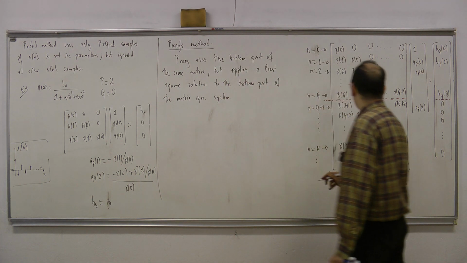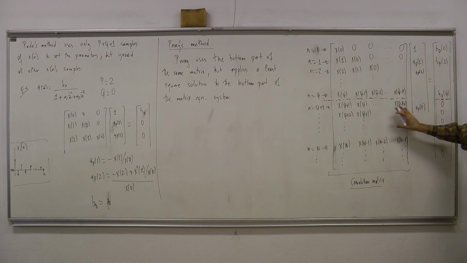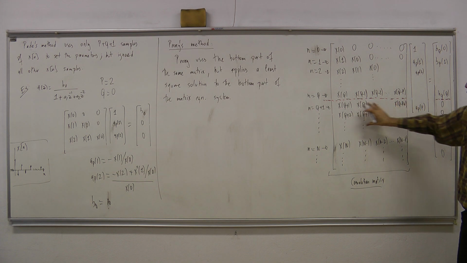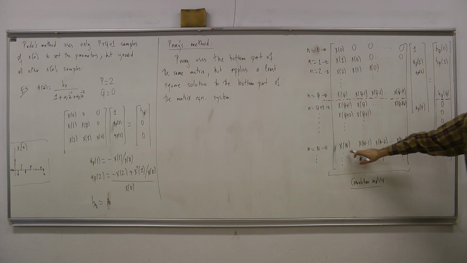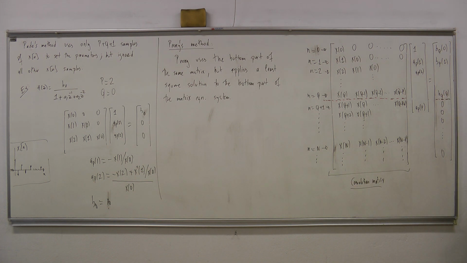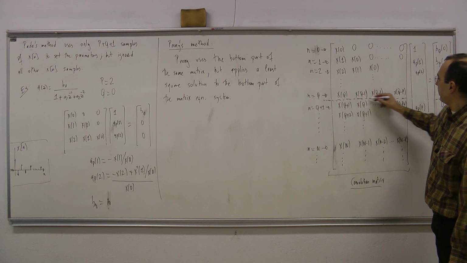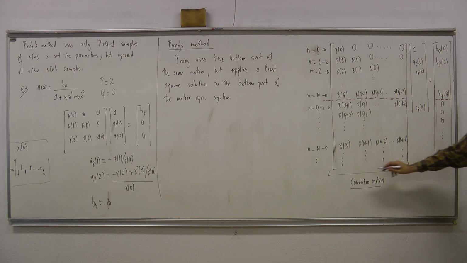Is this clear? So Pade was using up to, let's say, xq plus p over here. But there's x of n below. There are so many other equations below that one. So Prony, again, uses this part of this matrix, but sets a's such that the least square error is minimized. That is Prony's method.